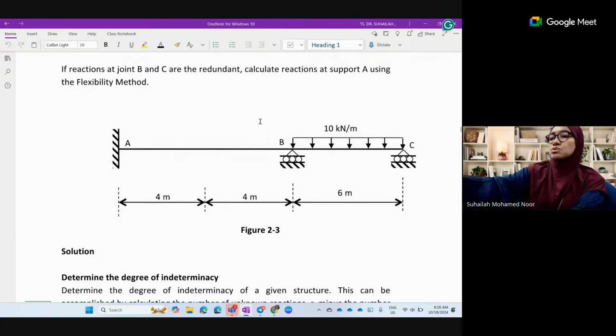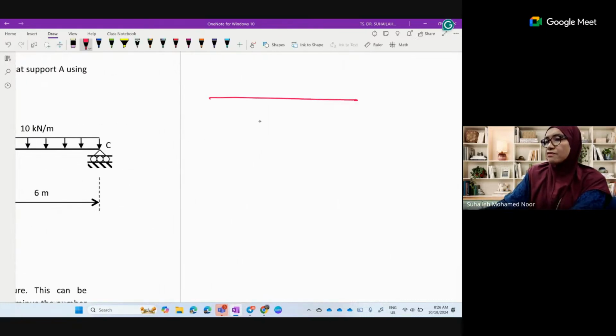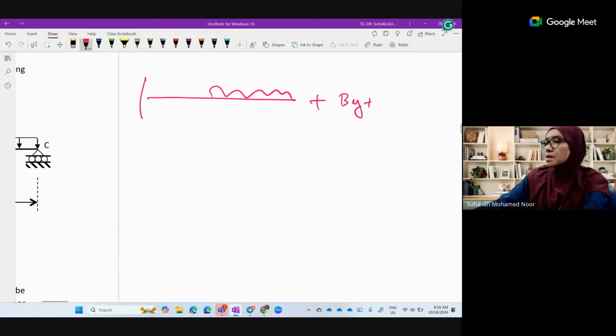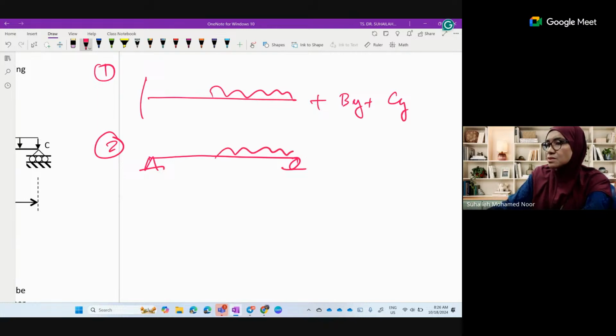If we have a cantilever beam like this as the primary beam, this is the first possibility. For this possibility, we remove BY and CY. The second possibility is a simply supported beam, where we remove MA and BY.